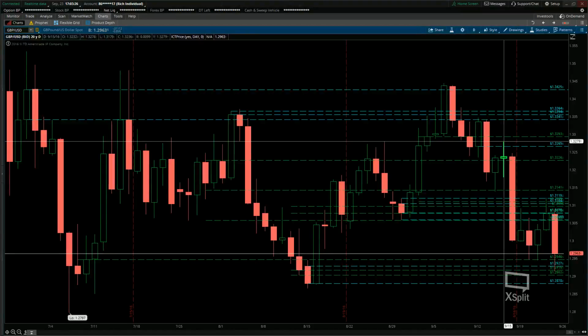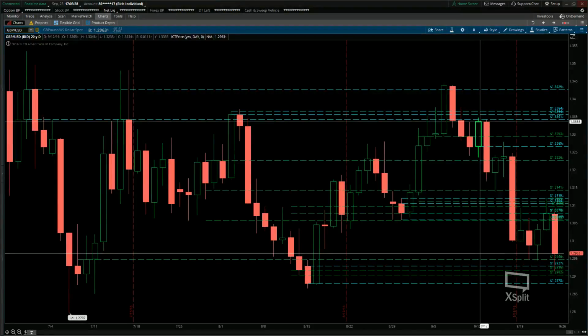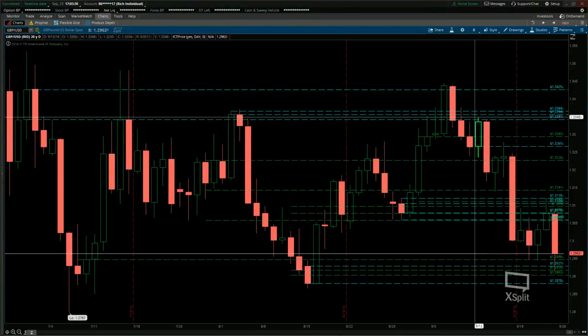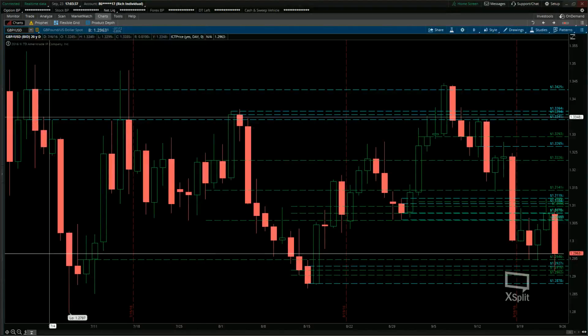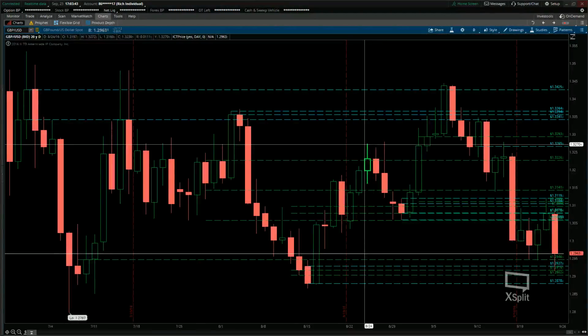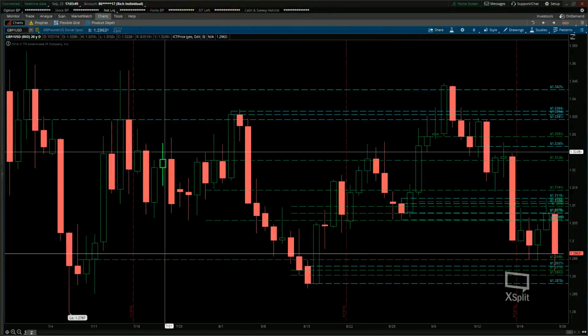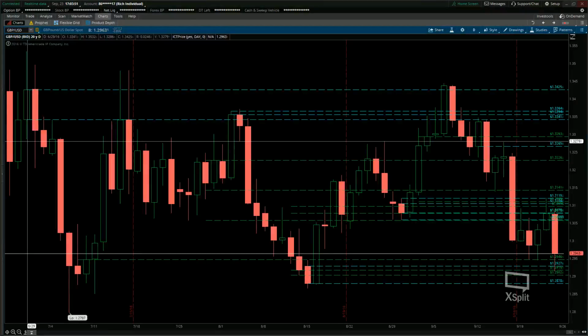Remember, we're on the daily candle right now, and you can see in this area here, and then also in this area here, that we had some areas that gave good signals for the daily high. And if we looked for this one here, we would go over into this candle.